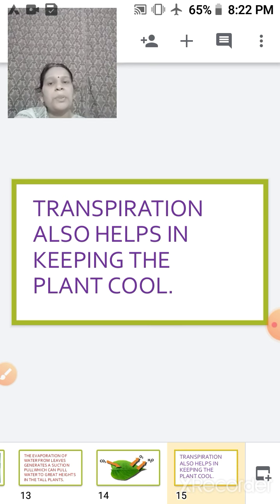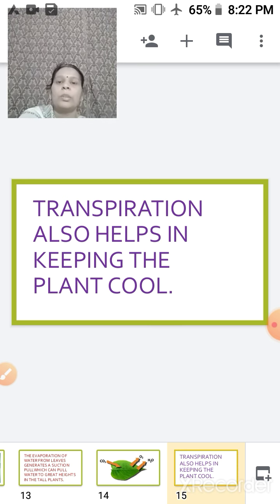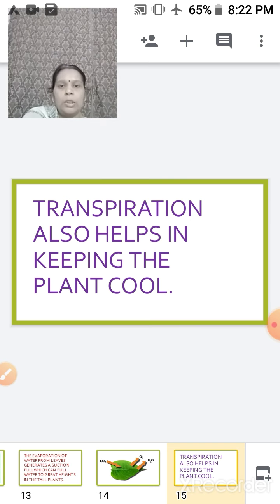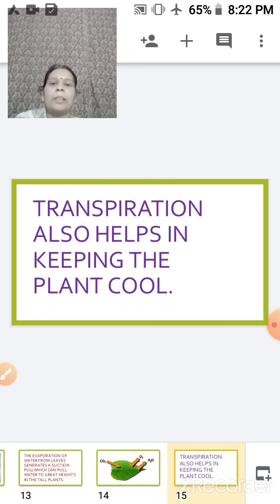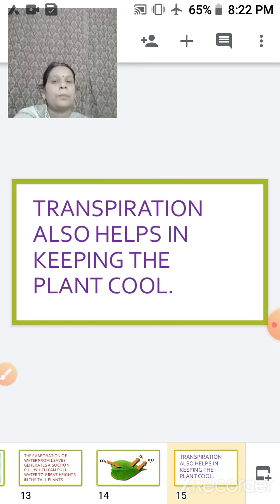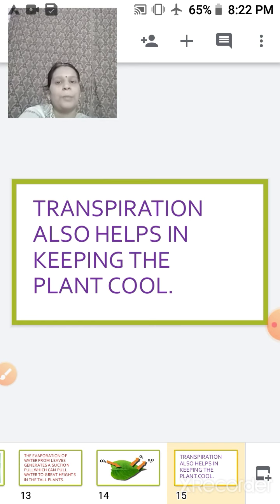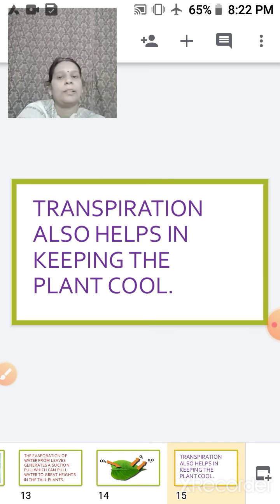It is not only that transpiration helps in the suction of water, but it also helps in keeping our plant cool. So, transpiration helps in cooling the plant, as we have the sweating process in human beings. In the same way, transpiration is the process in plants.